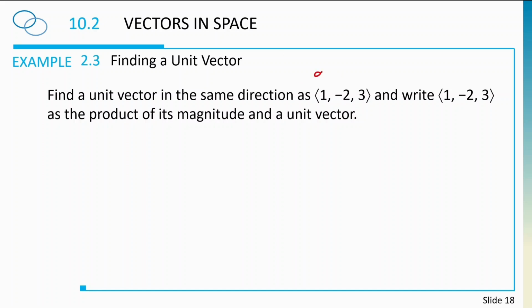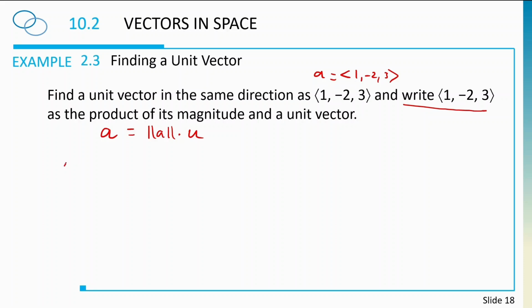Let's call it A. And then write this vector A as the product of its magnitude and a unit vector, which is u. Okay, so it's easy.